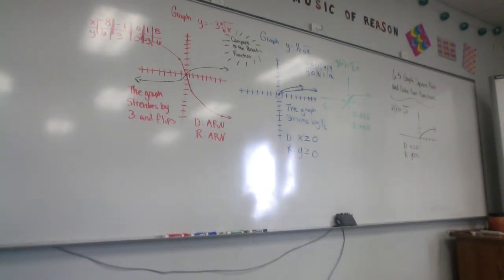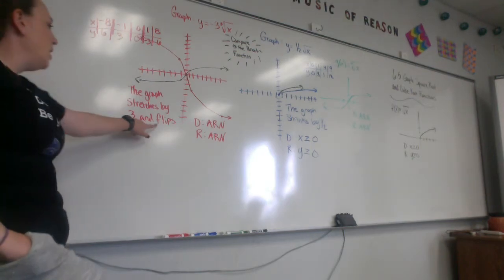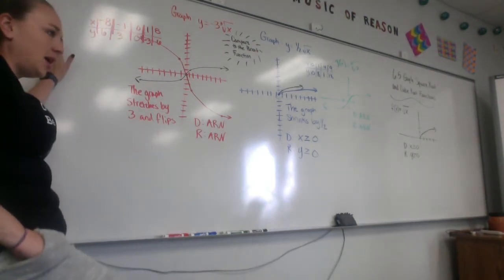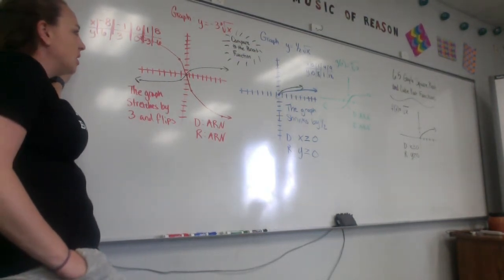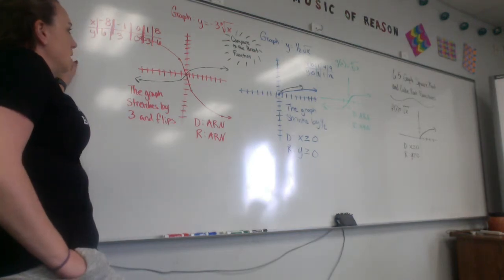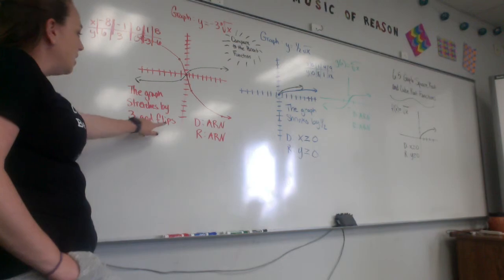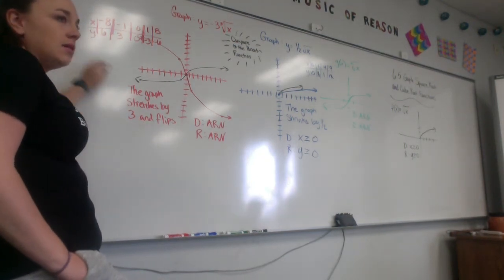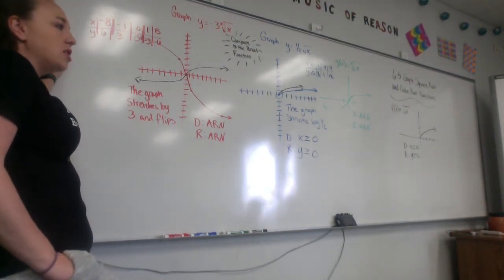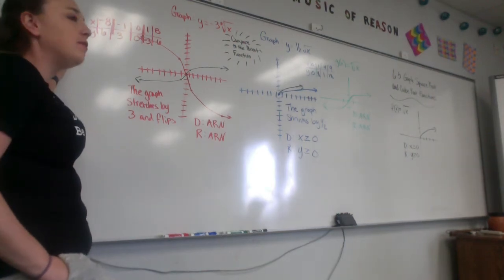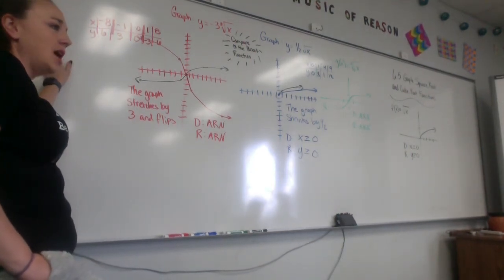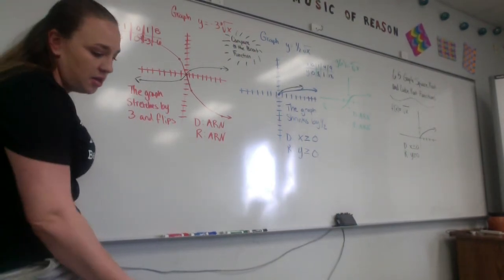No, you're just telling me it stretches by 3, and when you tell me it flips, that means it has a negative with it. The negative is where it flips. So it stretches by 3 units, but it flips because of the negative. Or reflects. You can use either terminology.